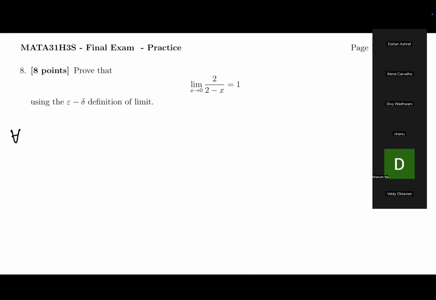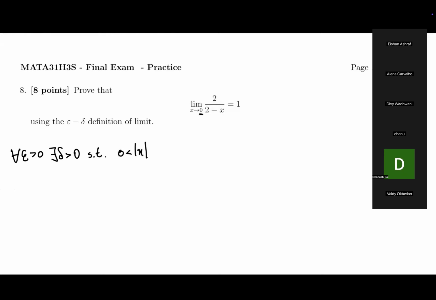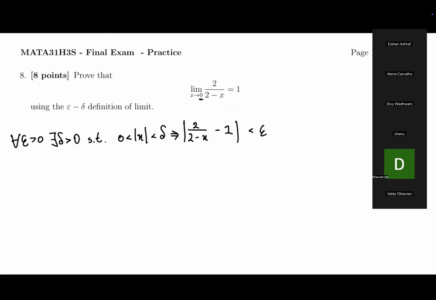This means that we have to prove that for every epsilon greater than 0, there exists a delta greater than 0, such that if 0 is less than |x minus the target value|, which in this case is just 0, so we can ignore that, which is less than delta, this implies that the term itself, oh, I wrote the term wrong, the term itself tends to the value of 1, and this should be less than epsilon. So this is what we're trying to prove.